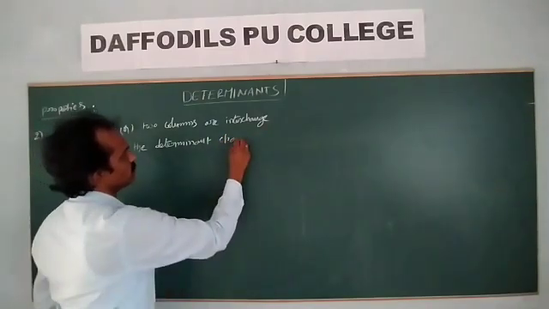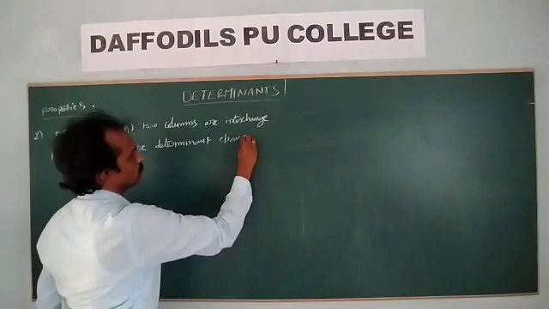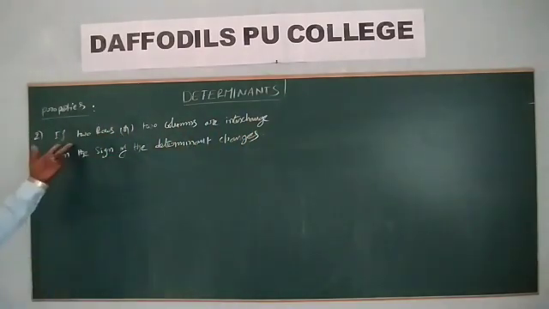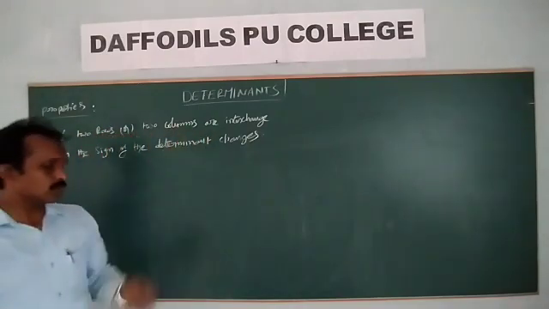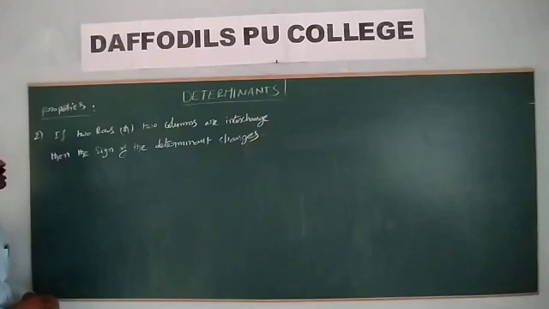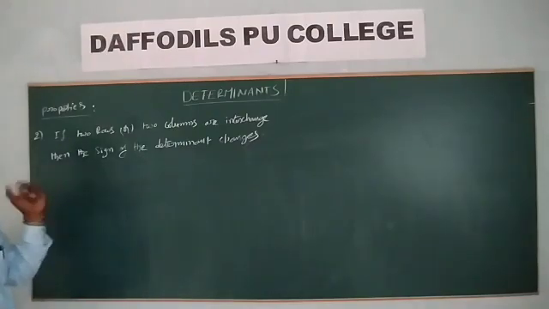The sign of the determinant changes. If two rows or two columns are interchanged, then the sign of the determinant also changes.